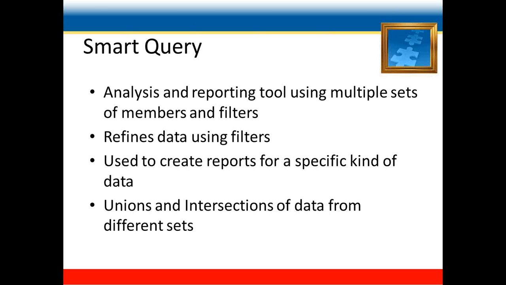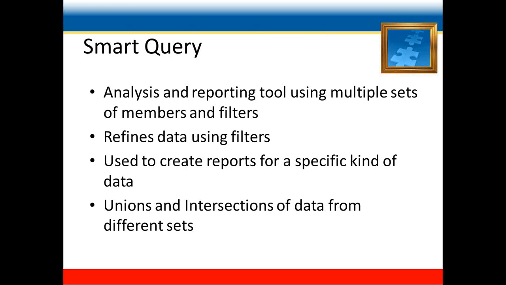You can use sets of different members and then apply some filters to these members, which create a highly complex query for the ad hoc analysis of very specified data of your data source.